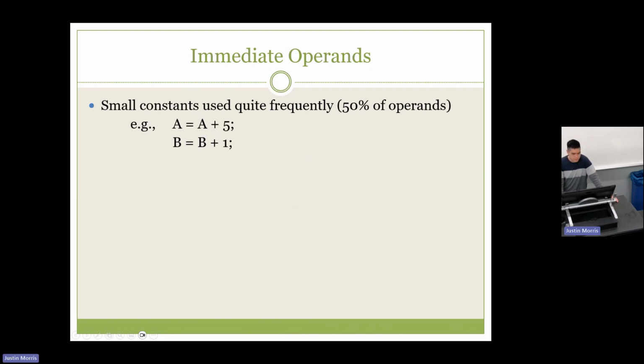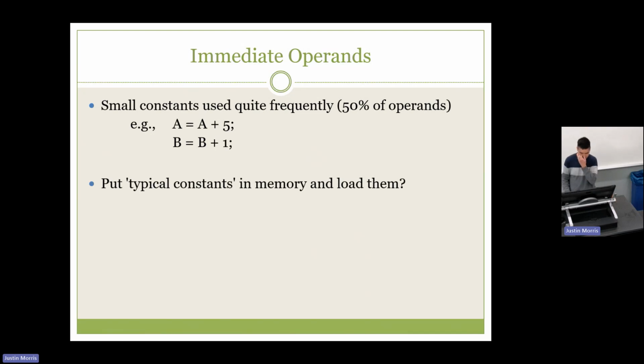One thing we might want to keep in mind with MIPS and ISAs in general is that immediate operands are used quite frequently. Small constants, like indexing your array, or one small magic number that you need in your code, right? I just need to increment this by 5. So 50% of operands do this. Because of that, we don't want to first load them into memory and then read them from memory.